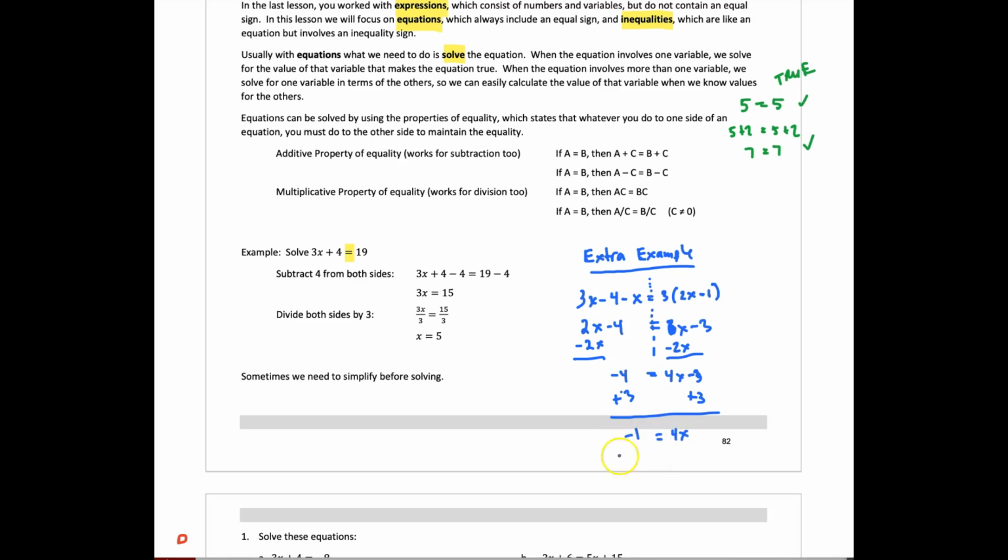Here a lot of students think, oh, it looks like it's going to be a fraction, or you do your division correctly. 4 times what equals negative 1? Just remember that you're actually solving a problem. 4 times what equals negative 1? To solve it, one way is to think it out, or just say, I'm going to divide both sides by 4, the coefficient. Then you get x equals negative 1/4.